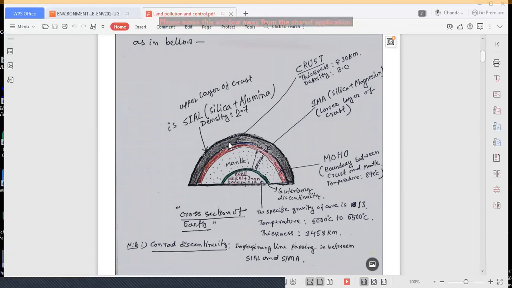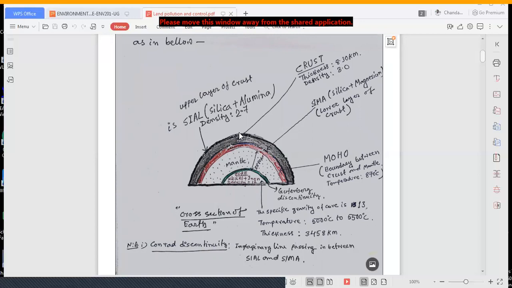It is known as sial, which has silica and aluminum in maximum amount. The density of this layer is 2.7. There are two parts: this is the upper part, and this is the lower part.